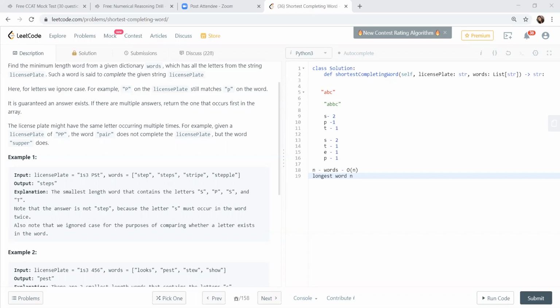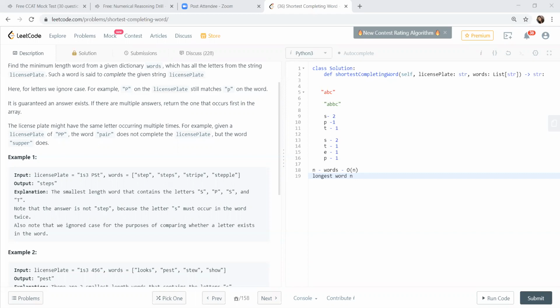Now the question is, can we do better than order of n? Better than order of n would be maybe log n, but we have to go through the whole array up to the last element to figure out whether there is a word at the very last index which meets the requirement and is the shortest word. So anyway we have to traverse the whole array.